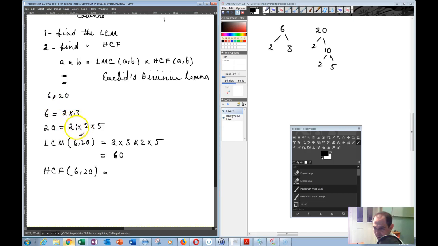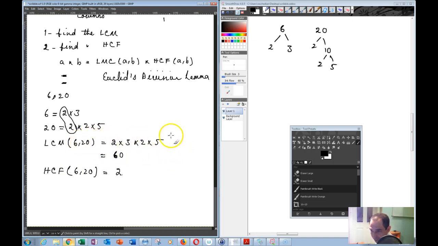Between these two numbers, you have a common factor of 2, and then you have another factor of 3 over here, but there is no commonality between these two numbers as far as the factor 3 is concerned. So you have only one factor of 2, so that's going to be a 2. As you can see, in the case of the HCF, both of these numbers are greater than their HCF, and both of them are divisible by this number. 6 is divisible by 2, 20 is divisible by 2. And that's basically how you find the LCM and HCF.